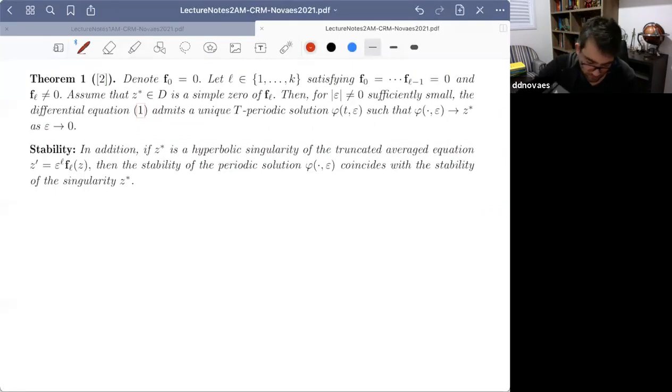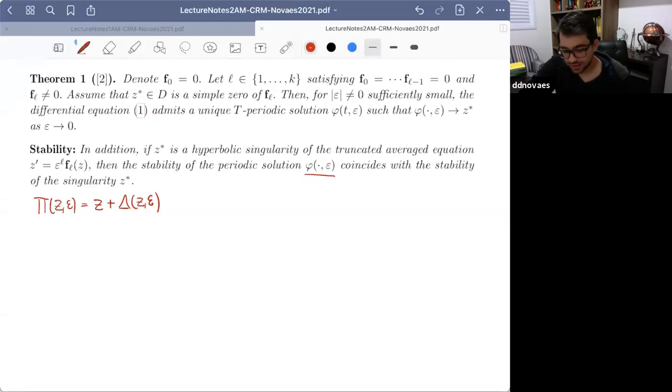We know that the stability of a periodic solution can be studied by means of the stability of a fixed point of the Poincaré map. Okay, we saw that the Poincaré map defined around this periodic solution is given as the identity plus the displacement function.